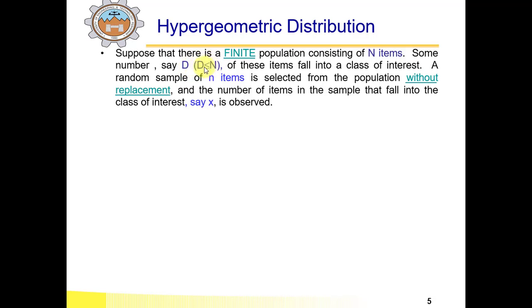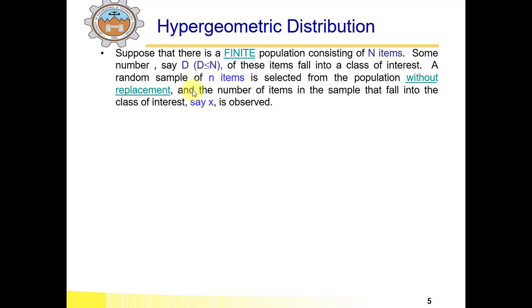If they are equal to the population, all of the items are defective. If less than, it means only a few of the items are defective. The defective items D fall into the class of interest, so we are interested in how many of the items in the population are defective.